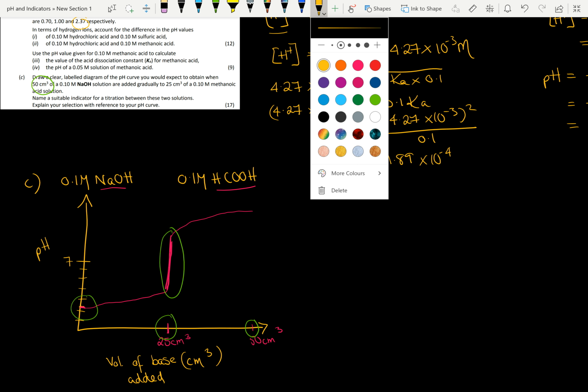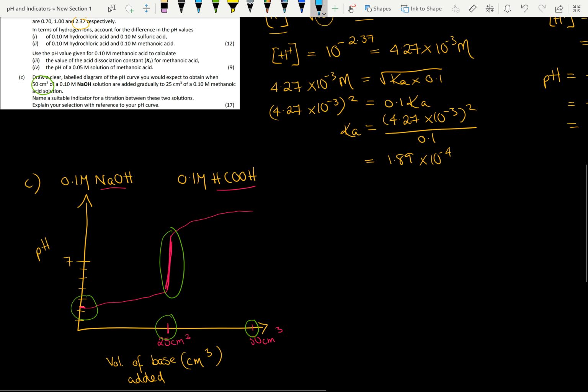Now we're asked to name a suitable indicator for the titration between these two solutions. Okay, so we have a couple of options for our titrations. We know that we've got methyl orange, which changes color between 3 and 5. That's my methyl orange, which has a range between 3 and 5.